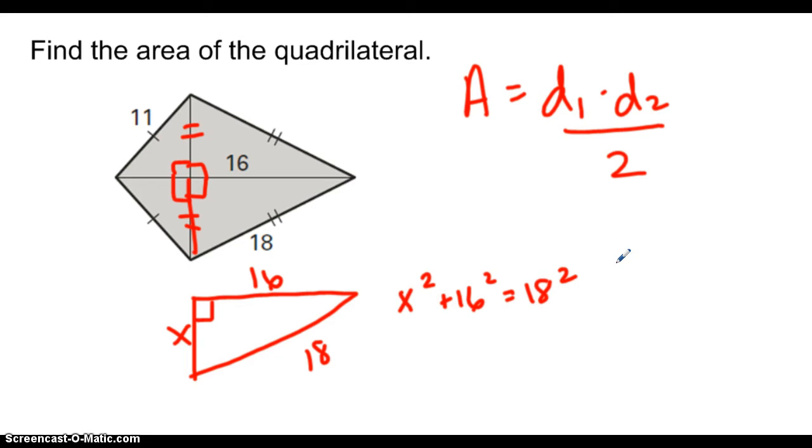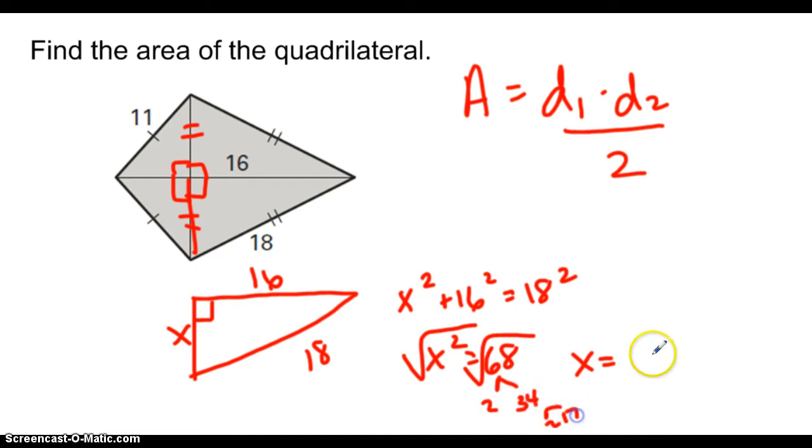So x squared is equal to 68, and then we need to square root 68. Let's use exact values and see how messy this could be. The square root of 68, let's break that down: that's 2 and 34, 2 and 17. So it's 2 root 17.